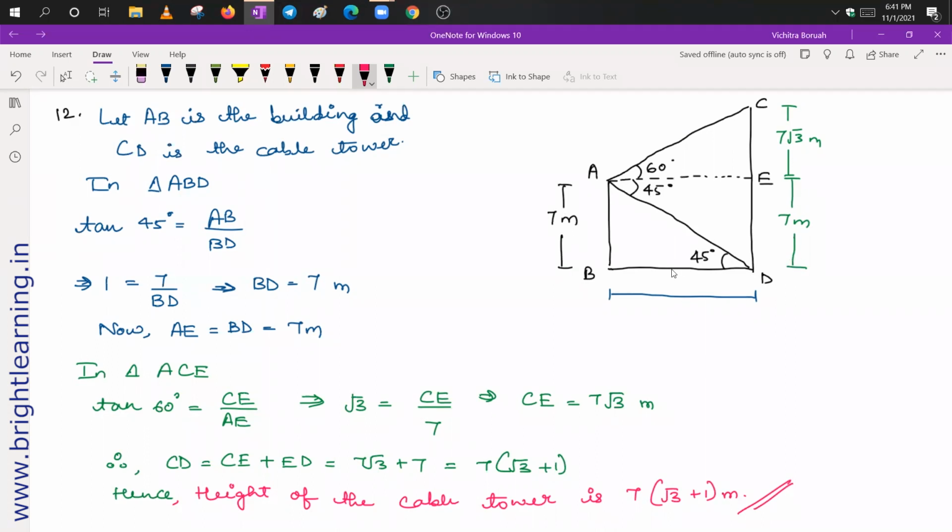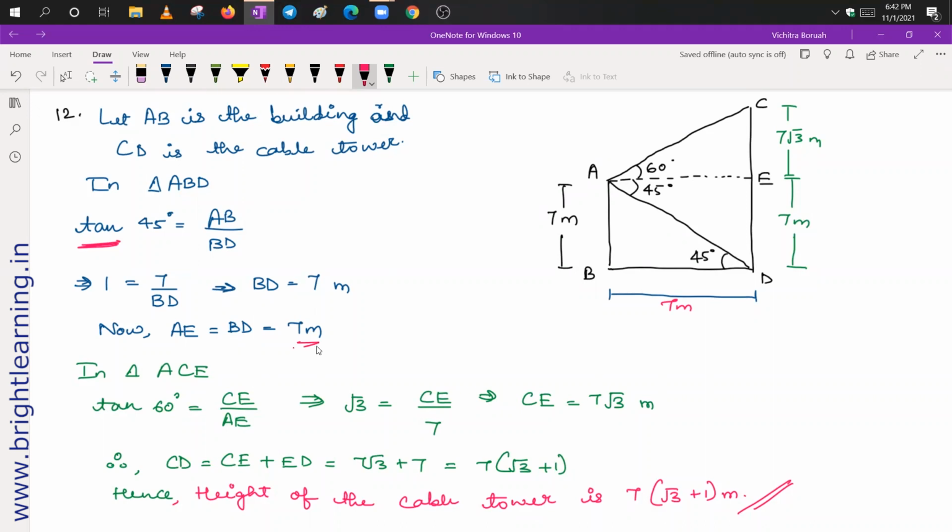First we found the distance between the cable tower and the building, that is BD, using the trigonometric ratio tan. So tan 45 degrees is equal to AB upon BD. Tan 45 degrees is 1, AB we know is 7 upon BD. So from here we got BD, which is 7 meters. So if BD is 7 meters, this will also be 7 meters.